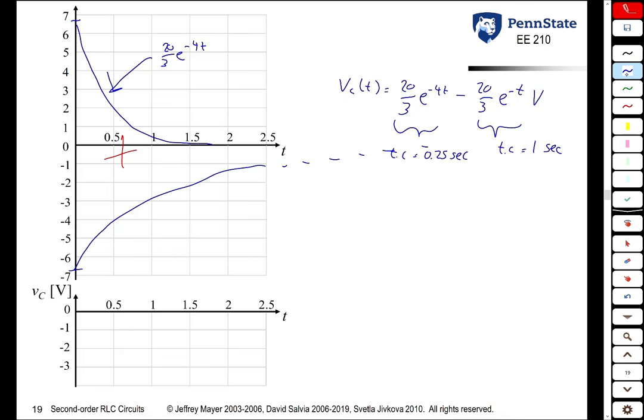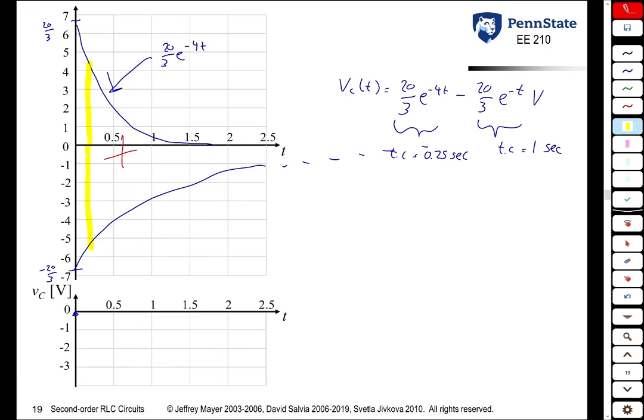So if we look at it, we notice that at time 0, we're going to start at 0 because one starts at minus 20/3 and one starts at 20/3. Well, we notice then, because the second term decays more slowly than the first one, that number is going to be greater than that number. So now the response is going to go down.